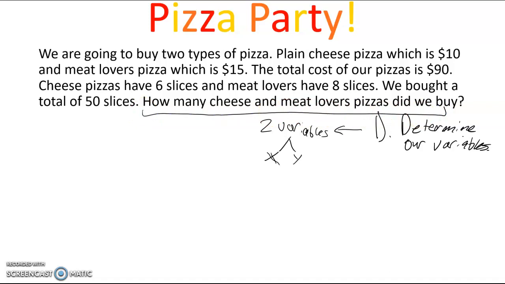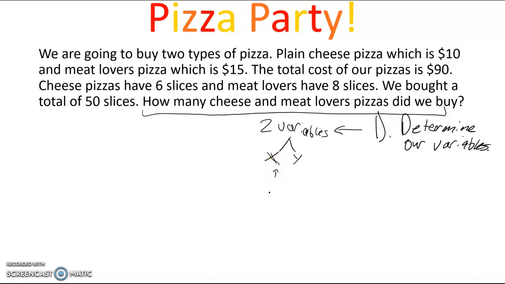In this instance, it's asking us for how many cheese pizzas and how many meat lovers pizzas. So we have two unknowns that we want to find. That's what our variables are going to be.